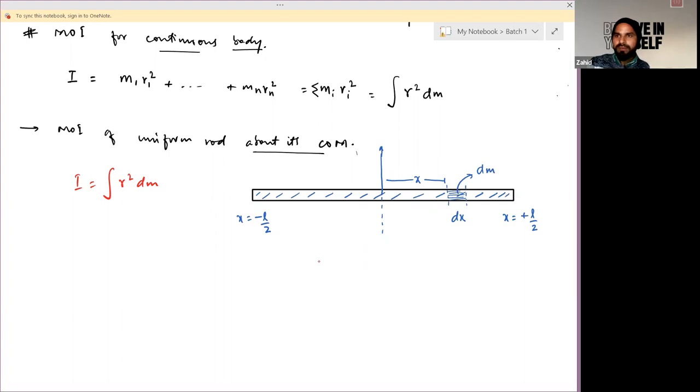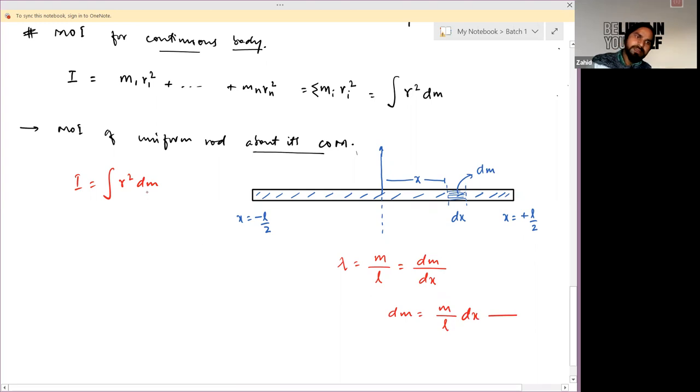For length, it will be lambda; for area, it will be sigma; and for volume, it will be rho. Since the rod is a linear body, lambda will be equal to total mass by total length, small mass over small length. So from this, dm will be m by l times dx.